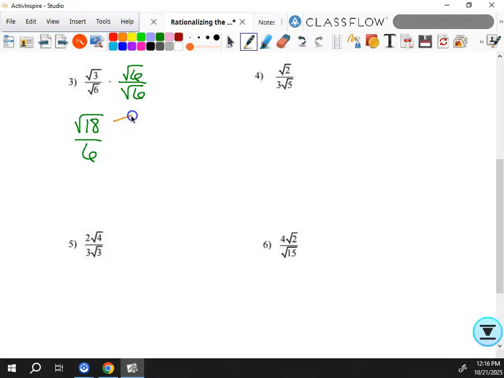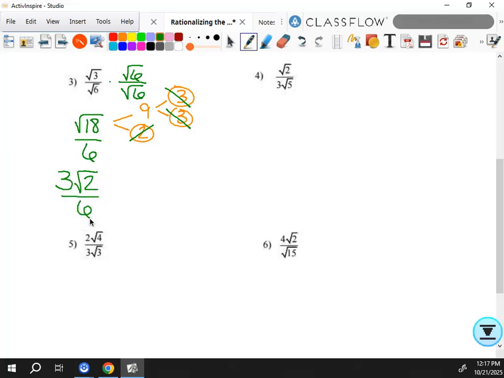I'm going to do it off to my little tree off to the side just because it's in the numerator. 18 can be 9 times 2. 9 can be 3 times 3. So then these 2 3's come out as a 3. This guy has to stay underneath the square root. And then 6 is still in the denominator.